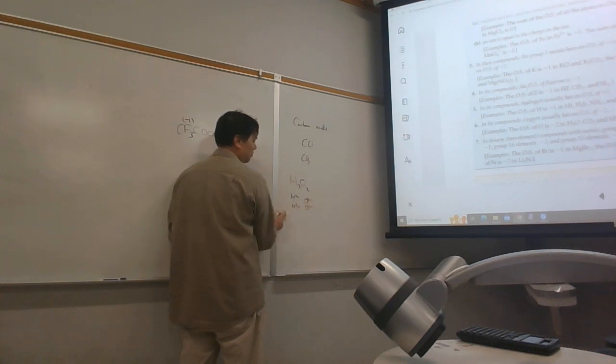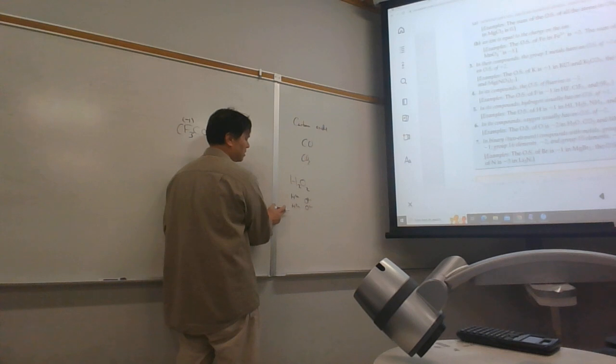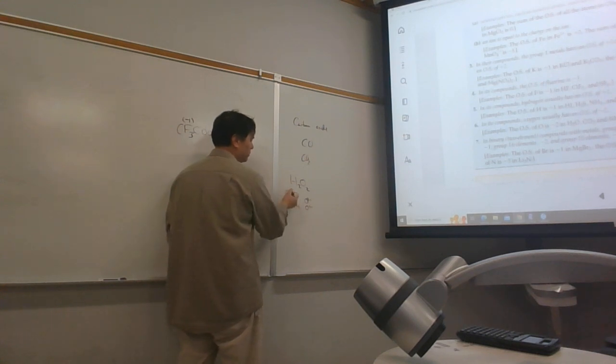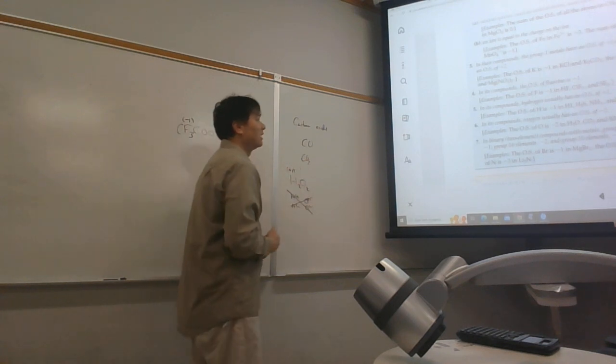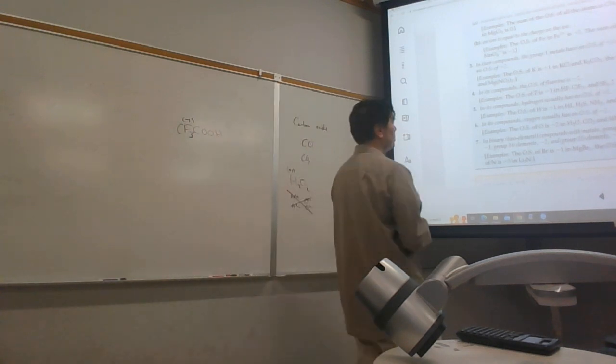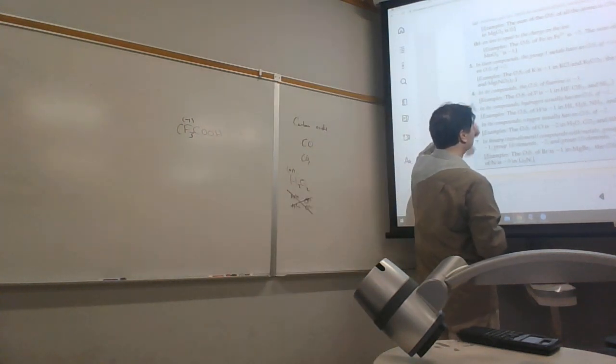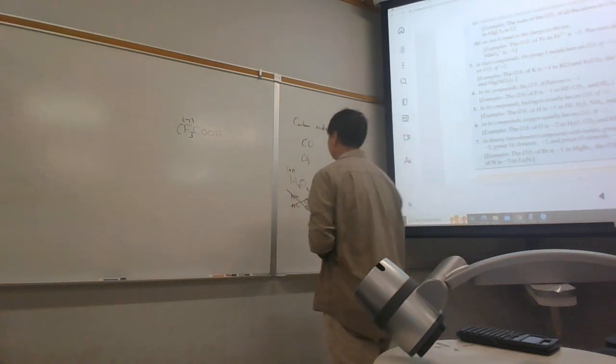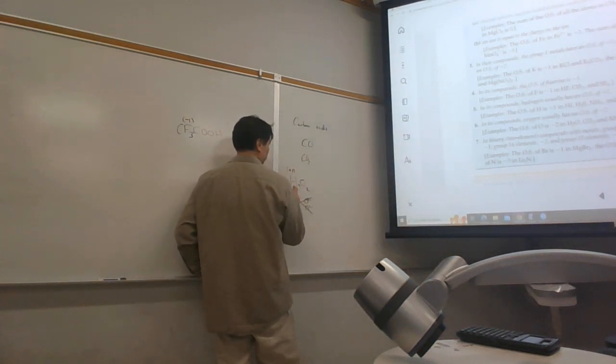It's impossible for hydrogen to be 2 plus because it doesn't have 2 electrons to lose. So we can't do oxygen first, even though we'd like to because it's quite electronegative. We have to do hydrogen first, plus 1. In fact, we could do hydrogen before fluorine. It'll work as well. It depends on what you use.